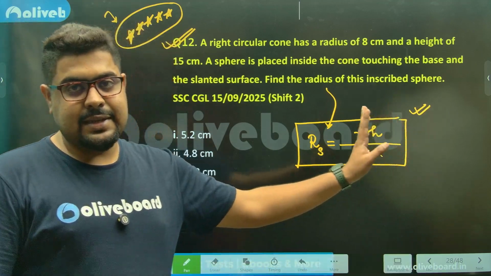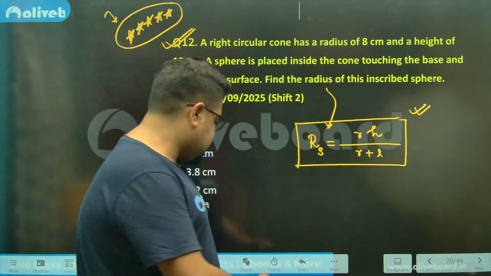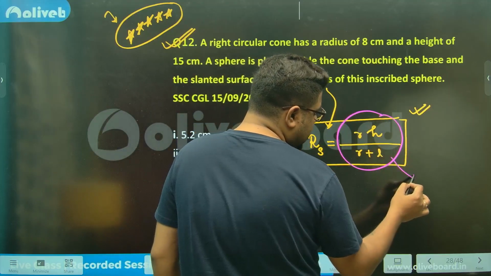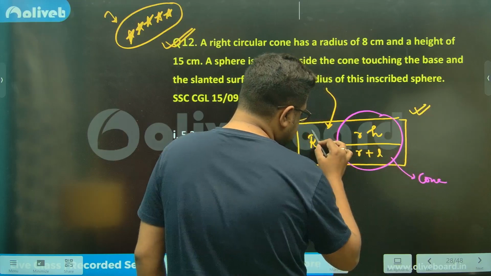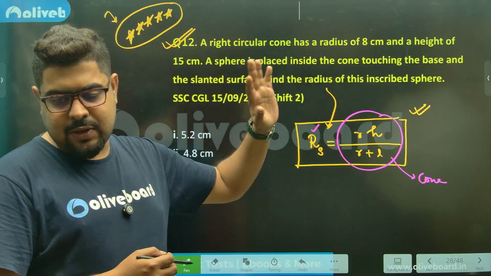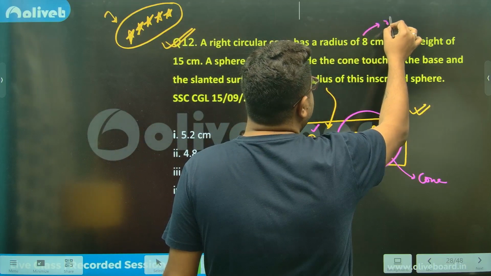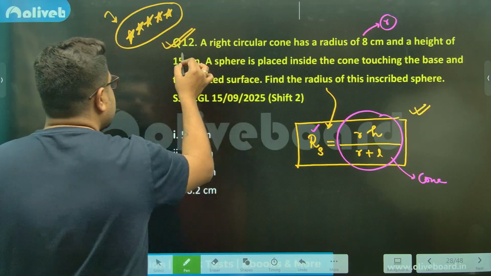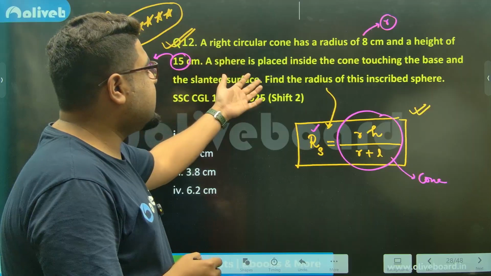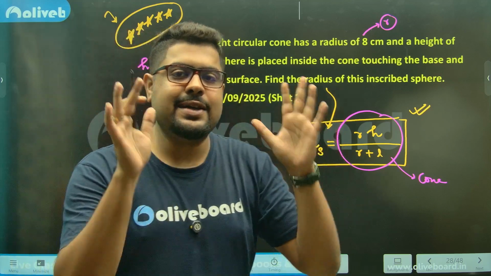Please understand this. Again, R, H, R, L, all are of the cone. The whole right hand side, we are talking about the cone. So the radius of the sphere is the only thing related to the sphere. And you see, we have everything once we know this. So radius, this is R. Height, this is H. Now, touching the base and the slanted surface, meaning this is the highest.